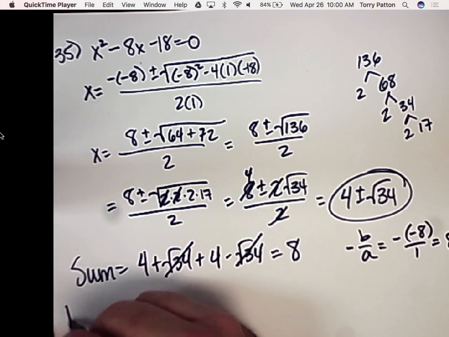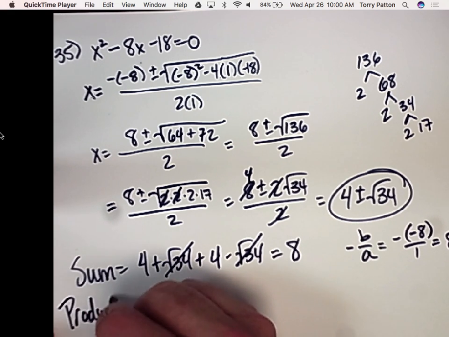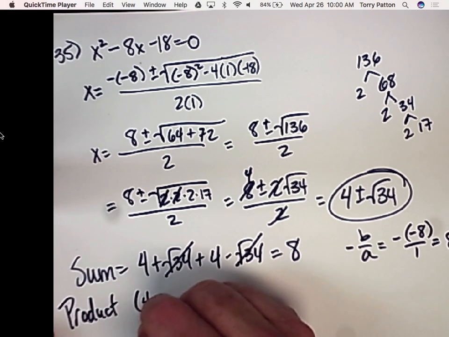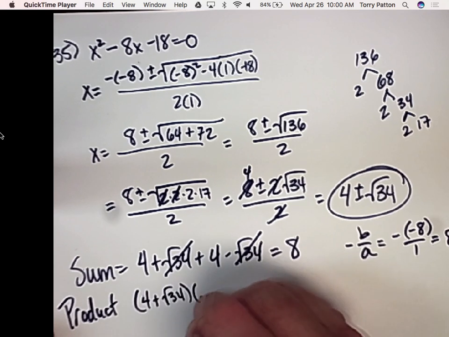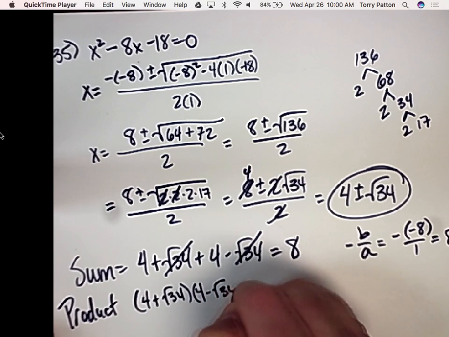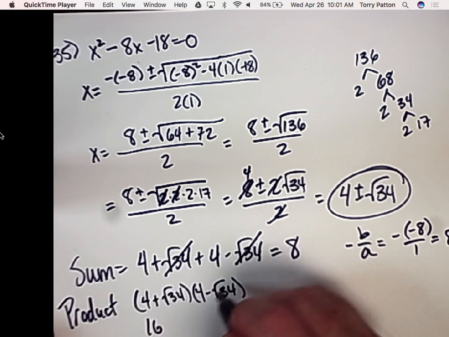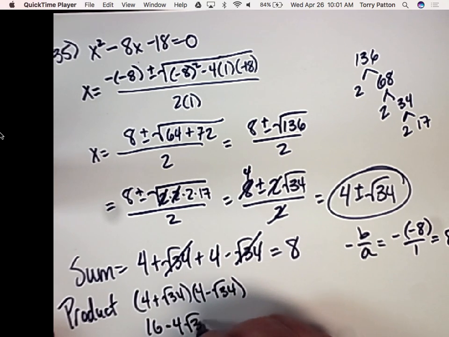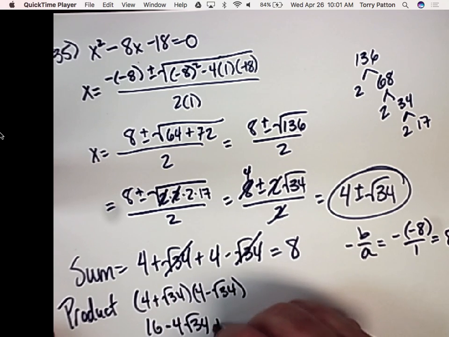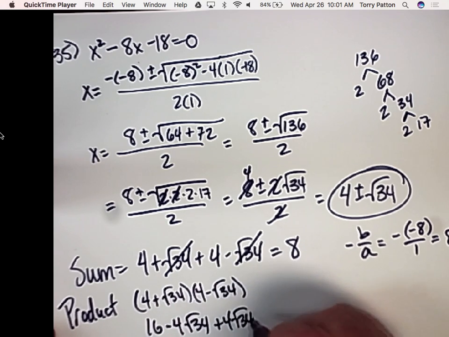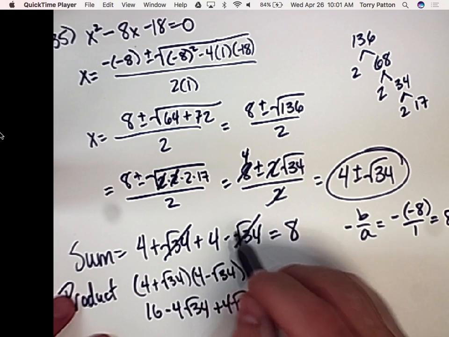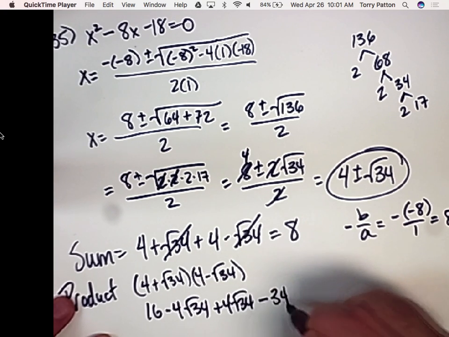Then the product, you're doing 4 plus the square root of 34 times 4 minus the square root of 34. You FOIL, that's 16 minus 4 root 34 plus 4 root 34 minus square root of 34 times square root of 34, which is 34.